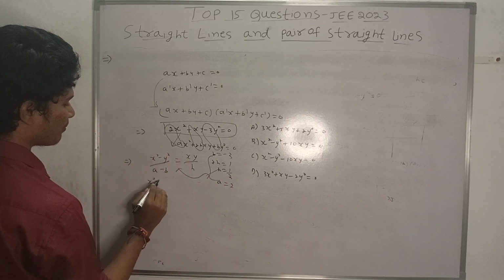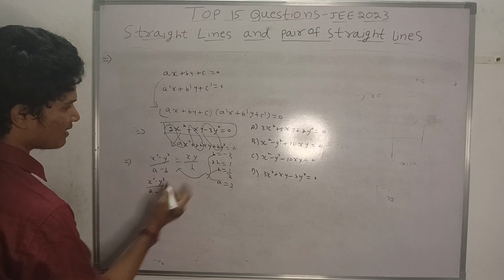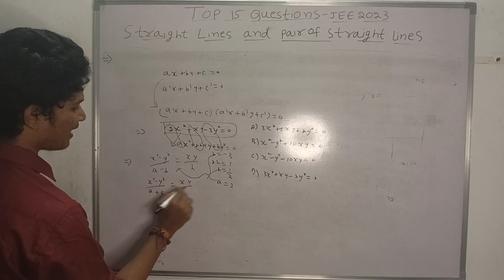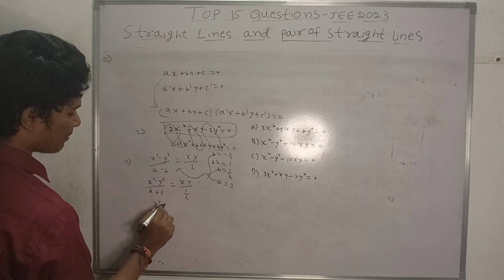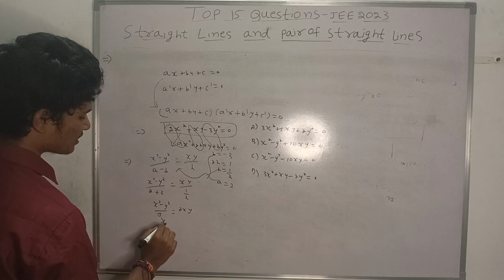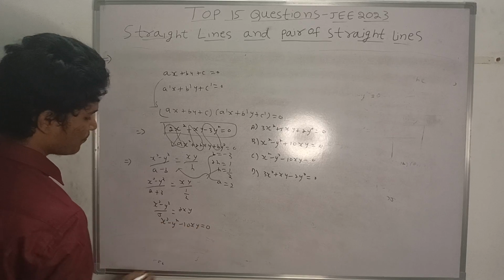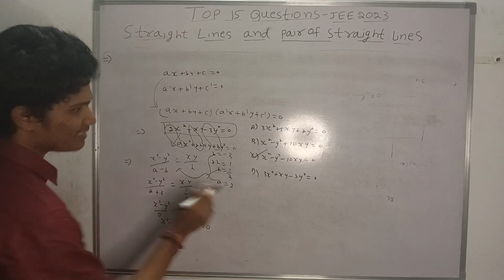You will get x square minus y square divided by a is 2 minus b is minus 3, that is plus 3 here, equal to xy divided by h, which is 1 by 2. So what you will get, x square minus y square divided by 5 equal to 2xy. X square minus y square minus 10xy equal to 0. So the answer is C.